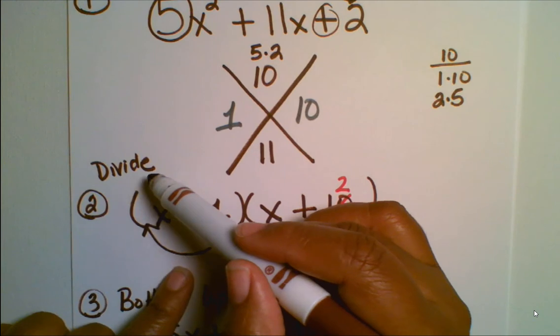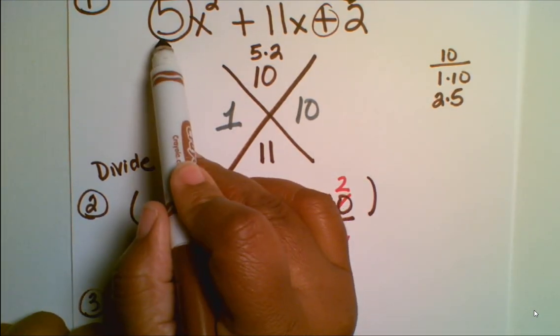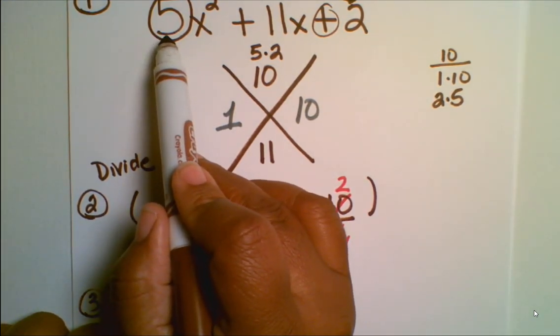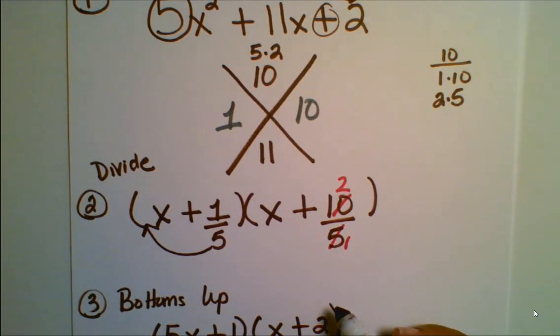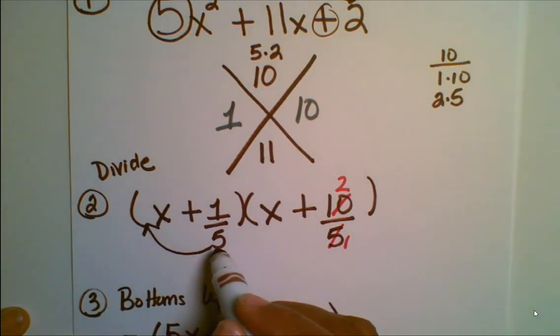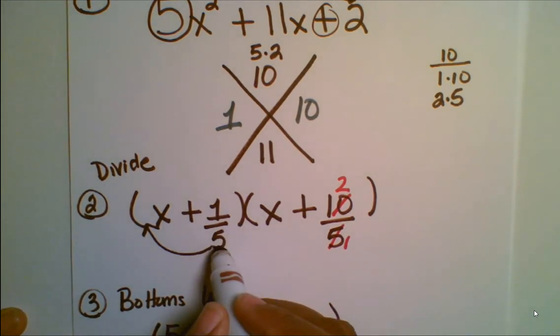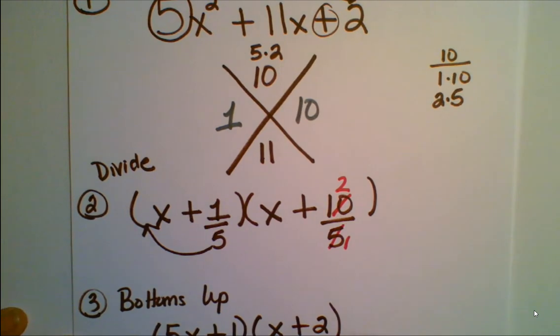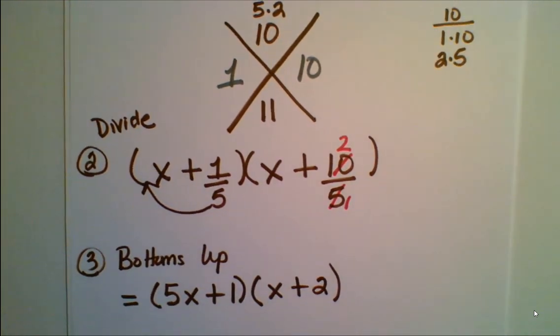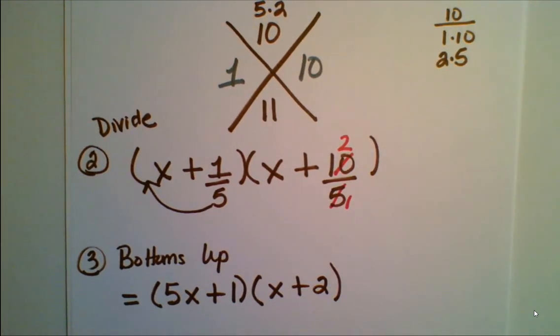The number that you're dividing is the leading coefficient of the first term, the 5 here. Then we reduce, and then we say bottoms up. So take the number from the bottom and move it up to the x, to the first term. And here's our solution: 5x plus 1 times x plus 2.